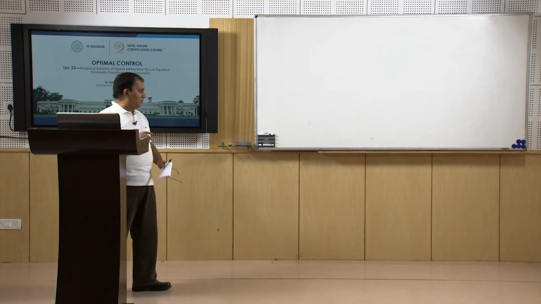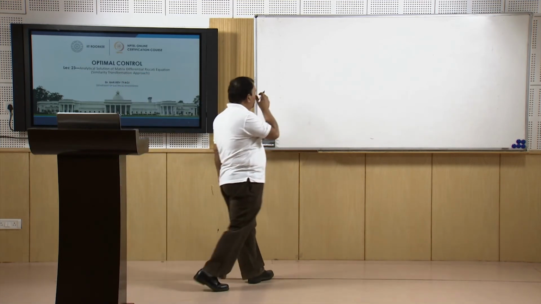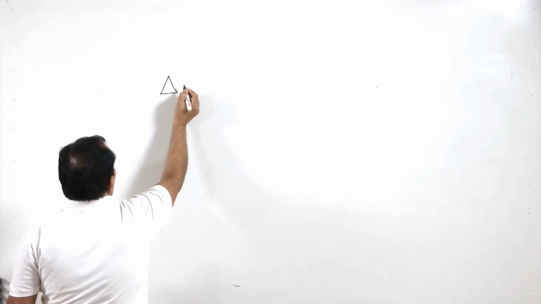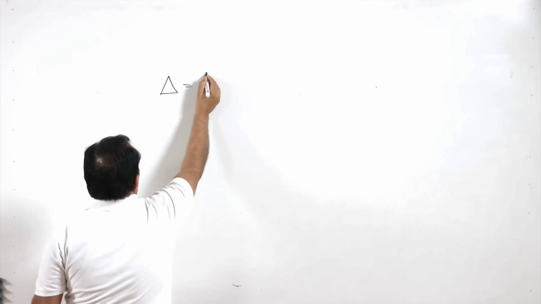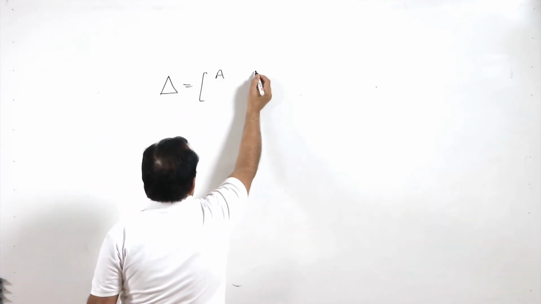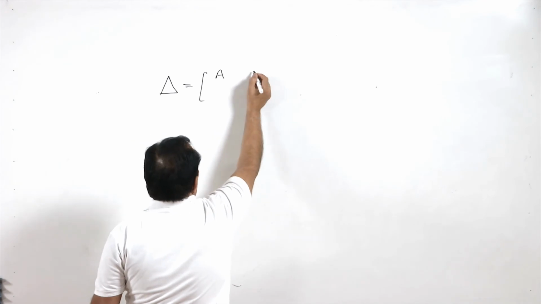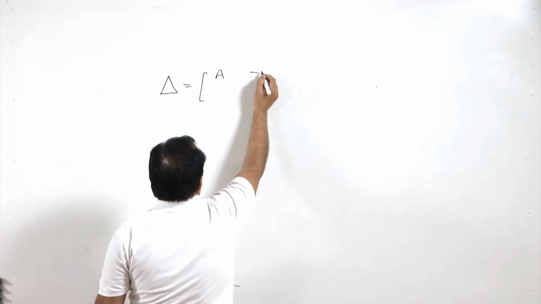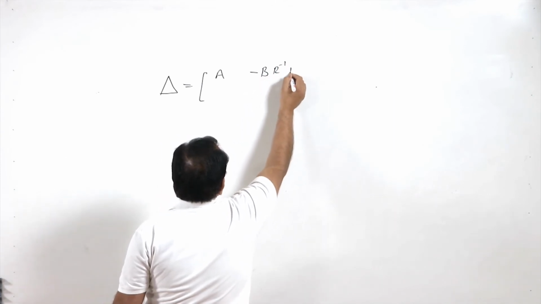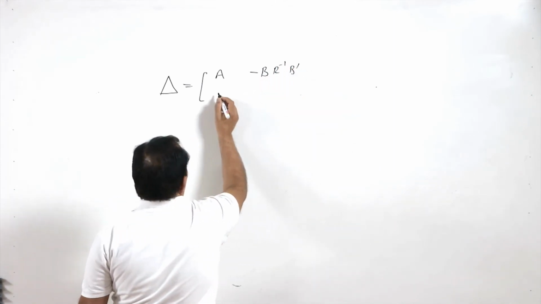So we are defining our Hamiltonian matrix as delta equals [A, E; −Q, −A transpose], where either I can write E or I write B R inverse B prime.